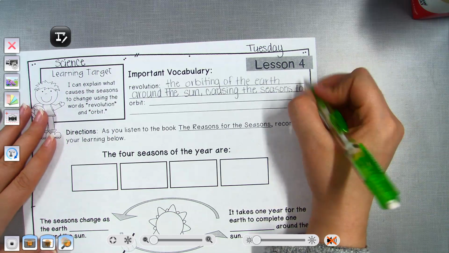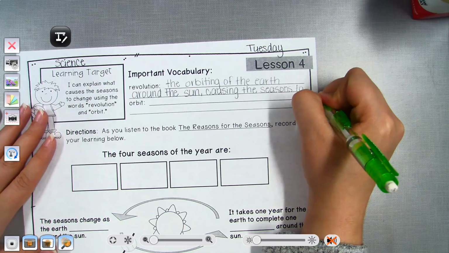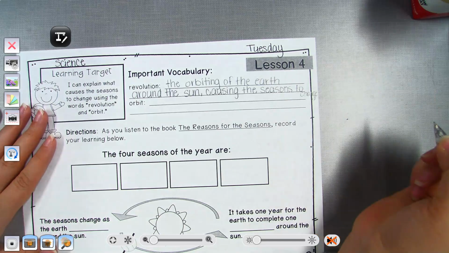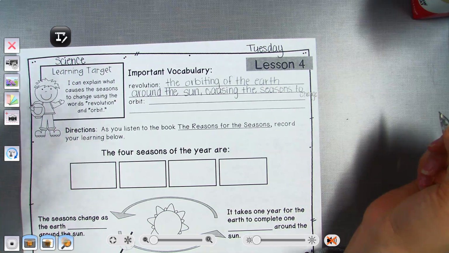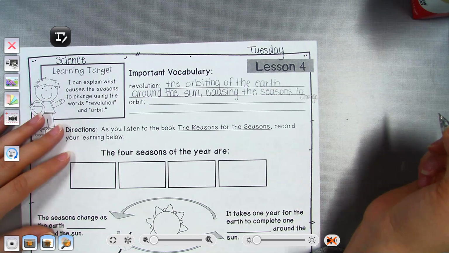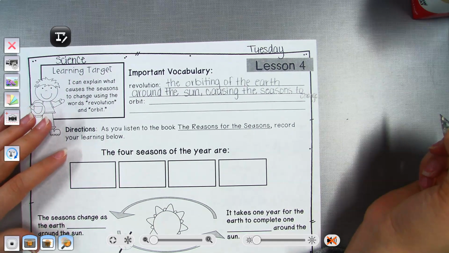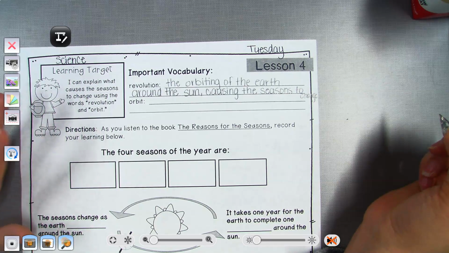I ran out of room. Change. I'm going to write change right here. Okay, so that is what a revolution is. For science, the orbiting of the earth around the sun causing the seasons to change. So that's what's causing the seasons to change.